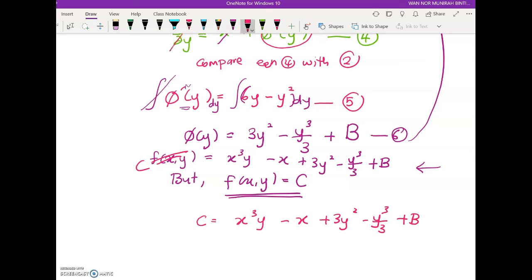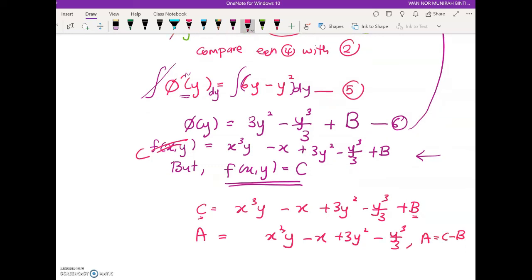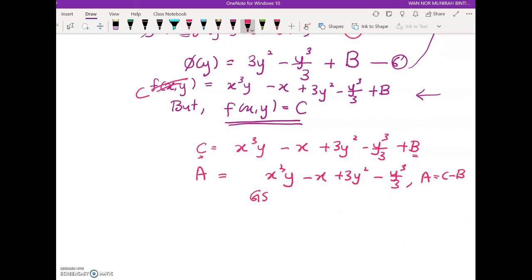Since we have two constants, which are b and c, I have only a, with x cubed y minus x plus 3y squared minus y cubed over 3 equals a, where a equals c minus b. So this is our general solution.